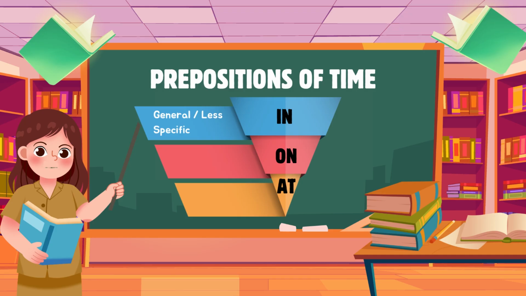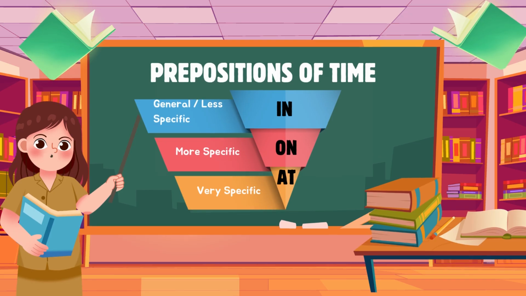In the middle, the triangle gets smaller with the word "on." We use "on" when we get a little more specific, like talking about a single day or a special date. At the tiny bottom tip, we have "at." We use "at" for super specific times, like the exact time on the clock or the exact moment. Let's break them down and see how they work.